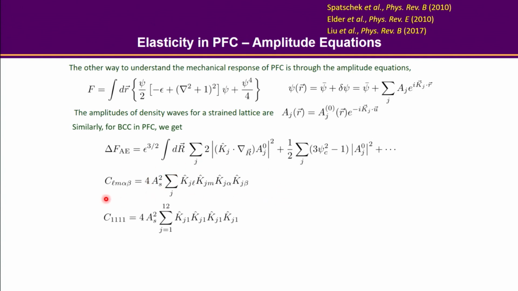So let's take the BCC, for example. You immediately can calculate what's the C1111 and C1212 and C1122, etc. So for C1111, you are taking Lm alpha beta equal to 1, which means I'm only taking the x component of the reciprocal lattice factor, right? And the sum is from 1 to 12.